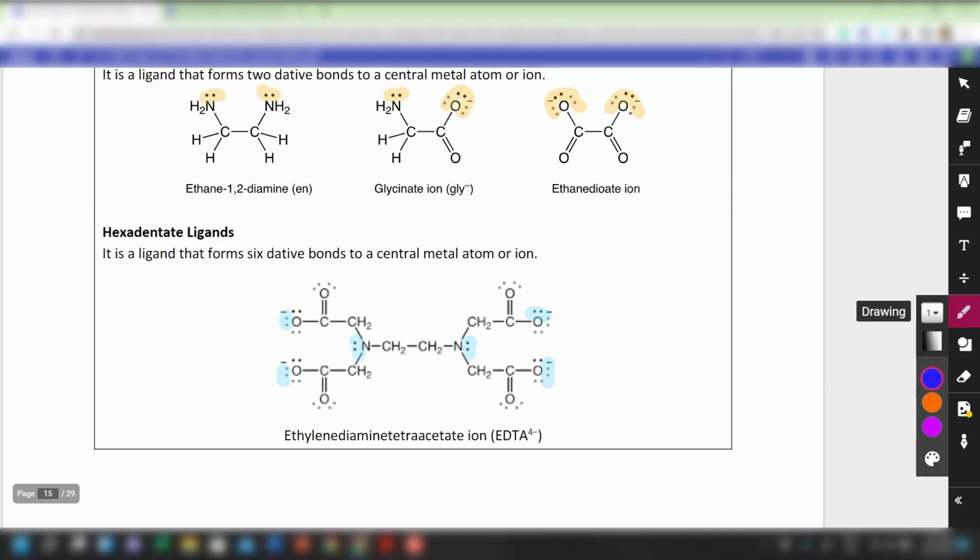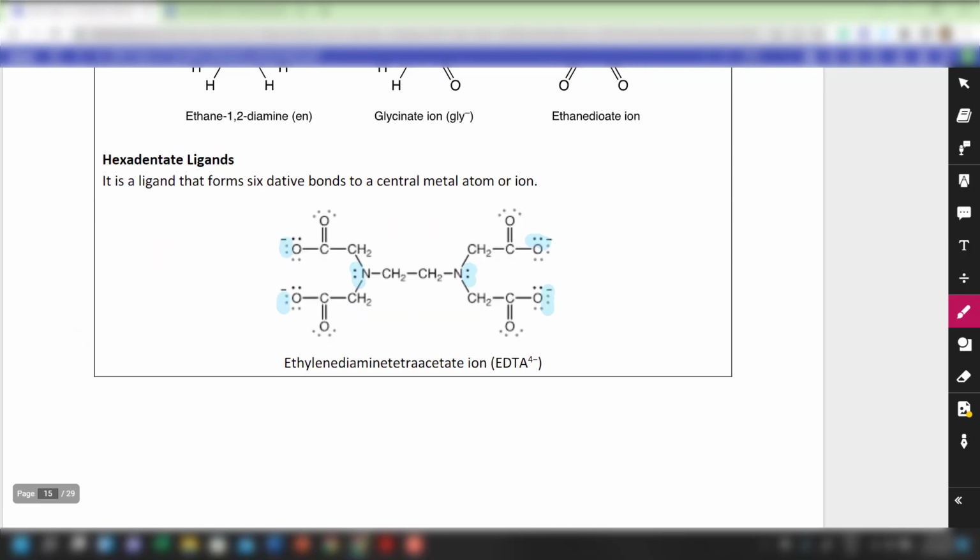Altogether 6 coordinating sites: 2 from the tertiary amines, 4 from the carboxylate anions. This is known as EDTA. It is a drug we take whenever we are suspected of having heavy metal poisoning, because it is able to form a chelate complex with the heavy metal, and then you can flush it out of your body.